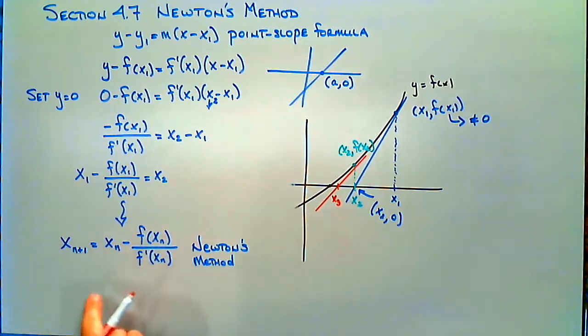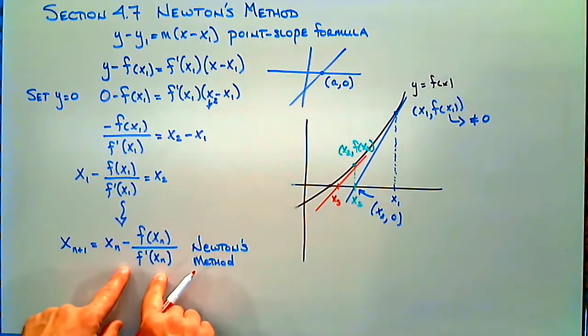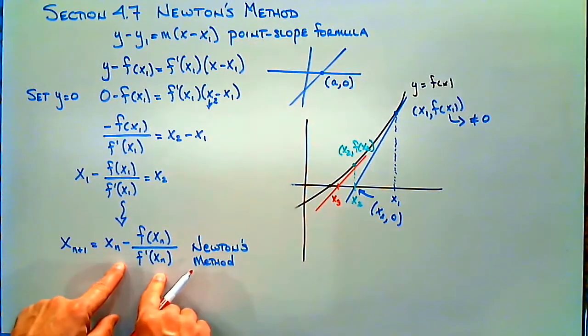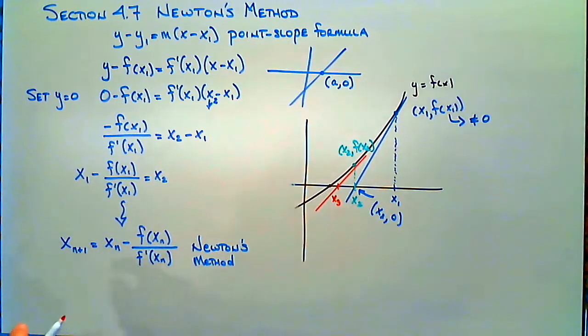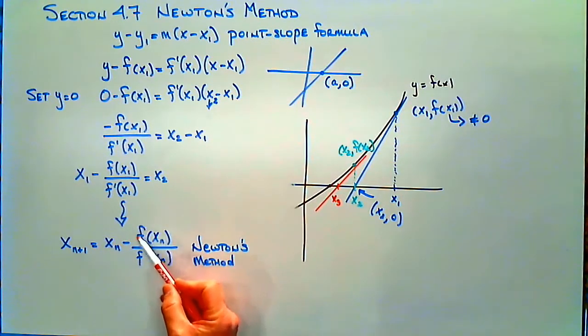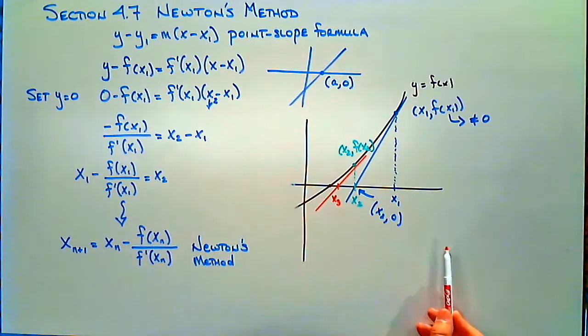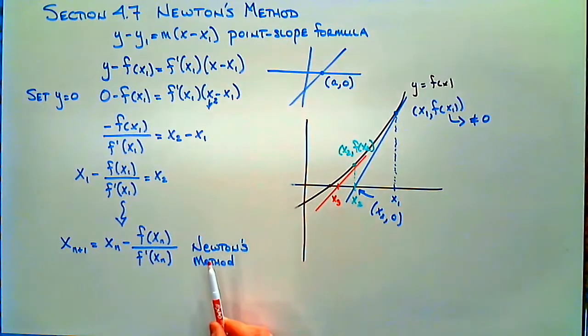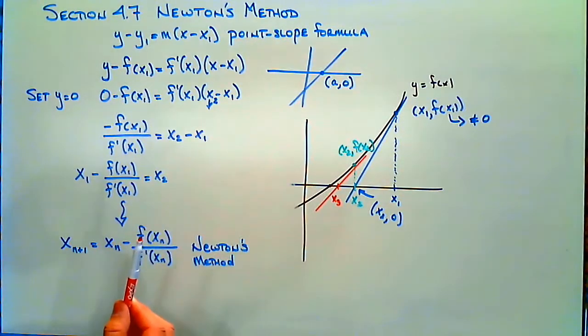And again, if you have a programmable calculator, you can program this into your TI-89 or your TI-Nspire, and you can do this arithmetic very quickly. If you do not have a programmable calculator, then you're going to be forced to jot down your x sub 2 or your x sub 3 and then plug it into f and make sure you keep enough decimals so your rounding error stays to a minimum, because you're going to compound your error very quickly here with Newton's method if you introduce a rounding error.